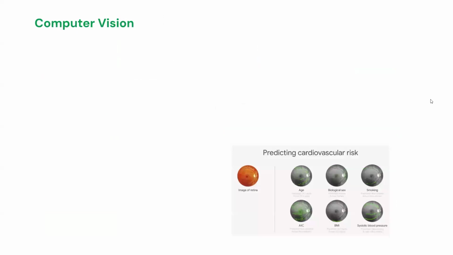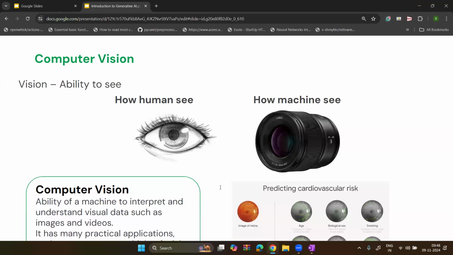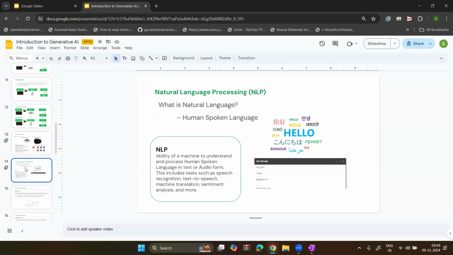Before continuing further, I should talk about a few things. I'm just revising this again for you. Whenever you're working with images, because I told you just now, we can generate image content also, or give an image as input also. That is called computer vision. And if you are working with text, it is called NLP, natural language processing.